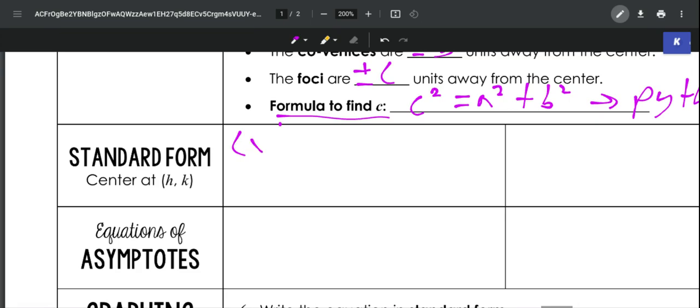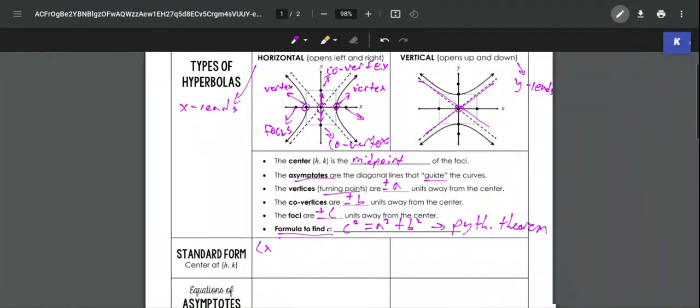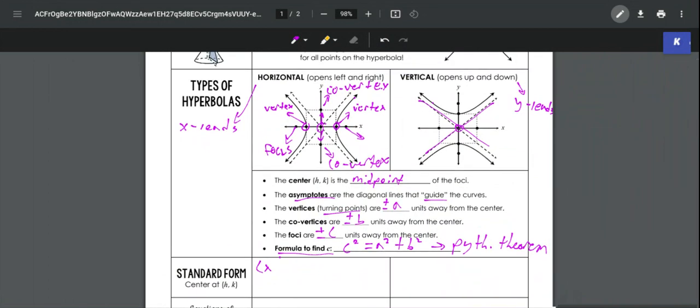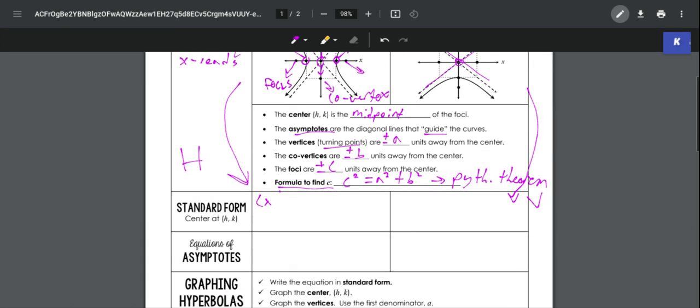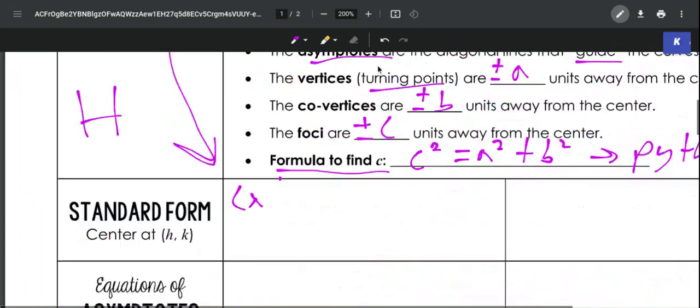So the standard form for a horizontal, because this is sectioned off very similar to how our ellipses was, this is horizontal, and then this side is vertical. So when we do each of these sides, that's what we're looking at. All right.